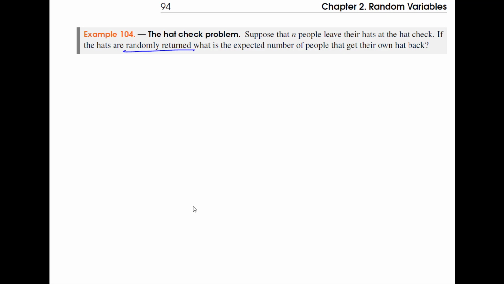So here we're going to use indicator random variables. We're going to define xi, and we're adding indices now, right? So i is going to be one of n people. So xi is going to be equal to 1 if person i gets their own hat back.